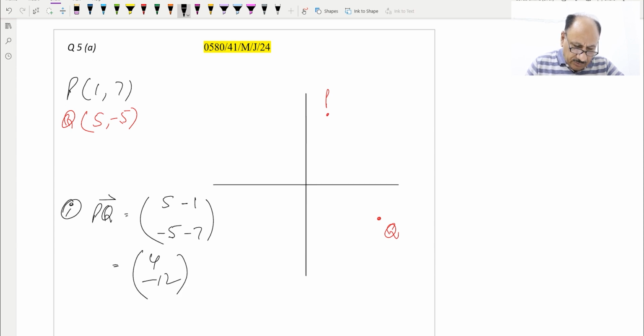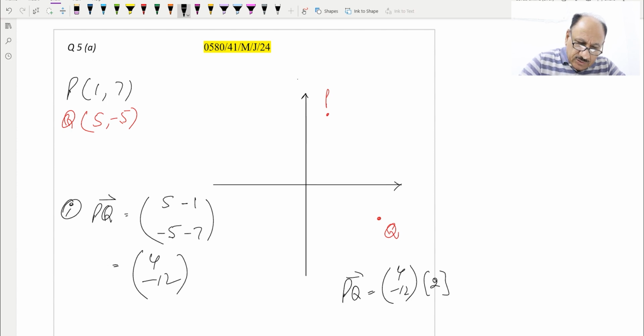So this is PQ, which we found, and we can write it over here where they are asking for it. This is 4 and minus 12, and this is the 2 marks part which we have done. Now these are the coordinate axes. This is the y-axis, and this one is the x-axis.